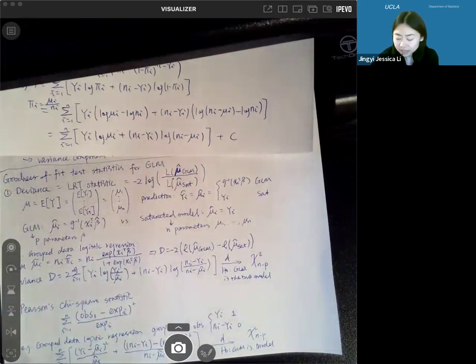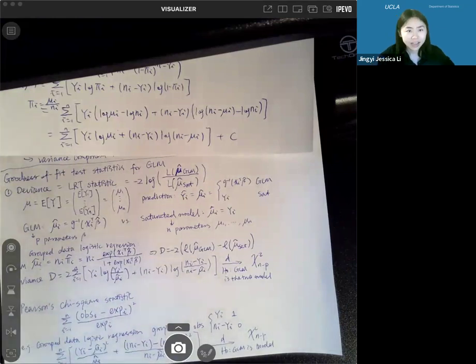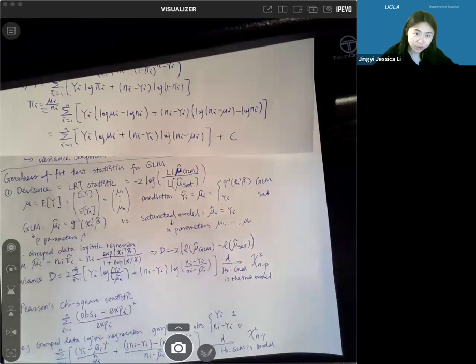I think Alex at the end of lecture last time asked a very nice question about whether we're looking for different things when we say goodness of fit test versus the inference of beta. Exactly, we do. When we say goodness of fit, we want the model to fit well, so we compare the GLM to the saturated model.